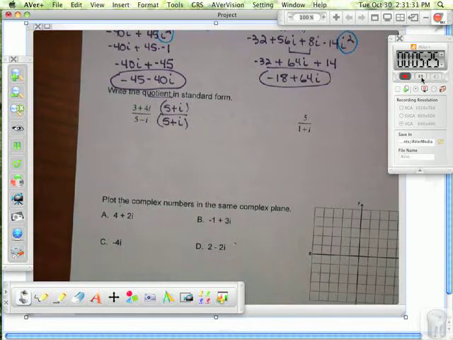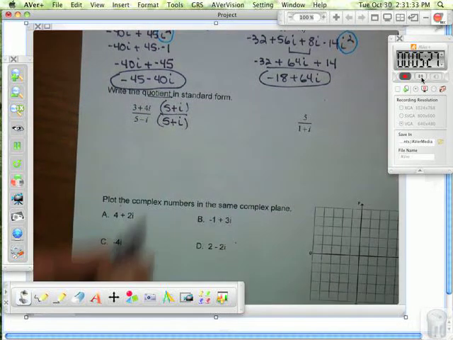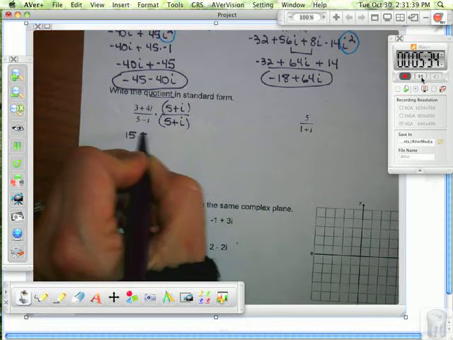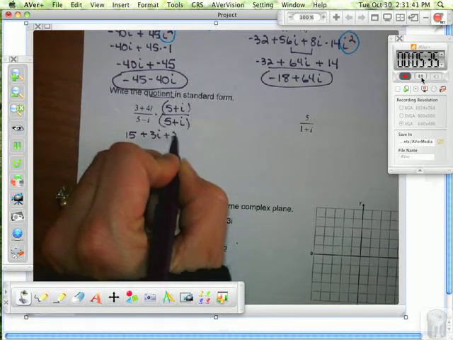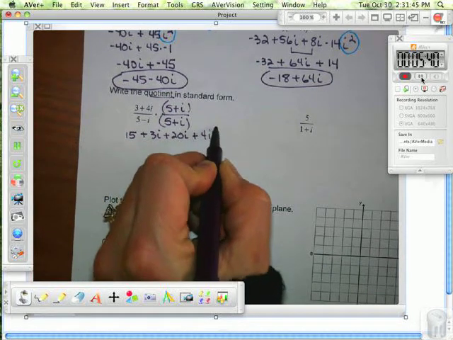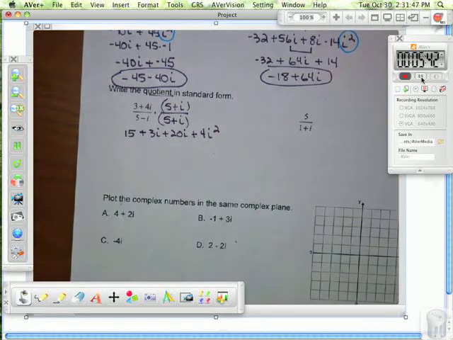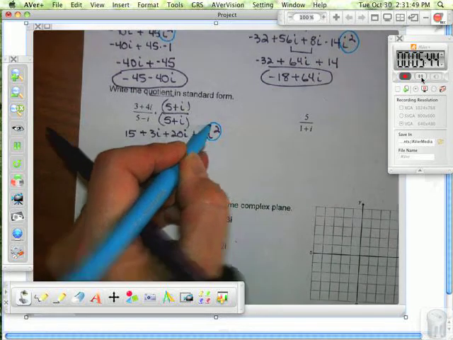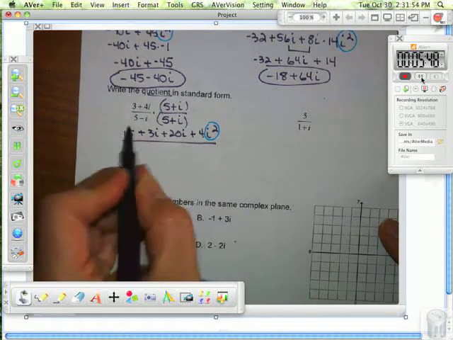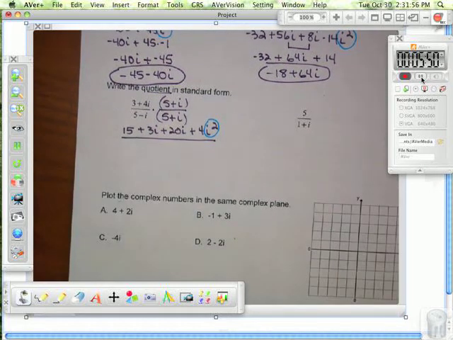Remember, you multiply straight across. So I'm going to FOIL the numerator: 15 plus 3i plus 20i plus 4i squared. I'm going to circle that right now because I got to work with it. And that's going to be all over FOILing the denominator, where the middle term disappears.